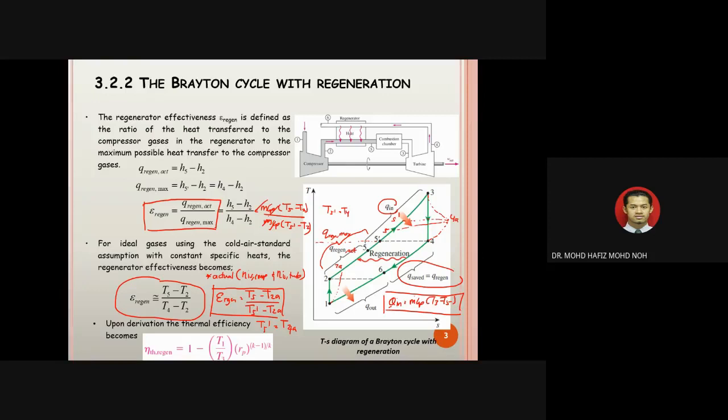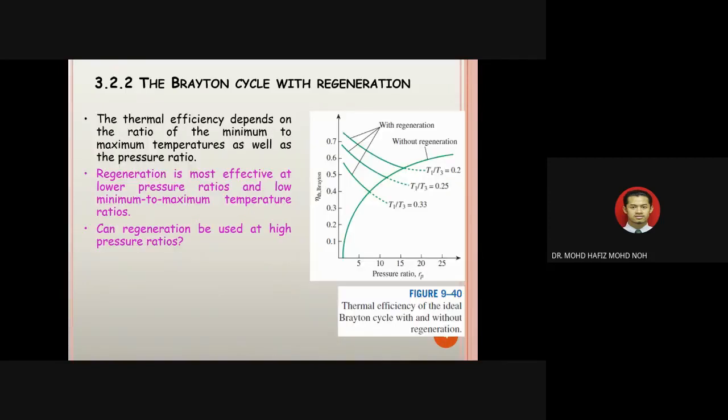Then the thermal efficiency for regeneration can be calculated by using this formulation, or you can use W net over Q in.